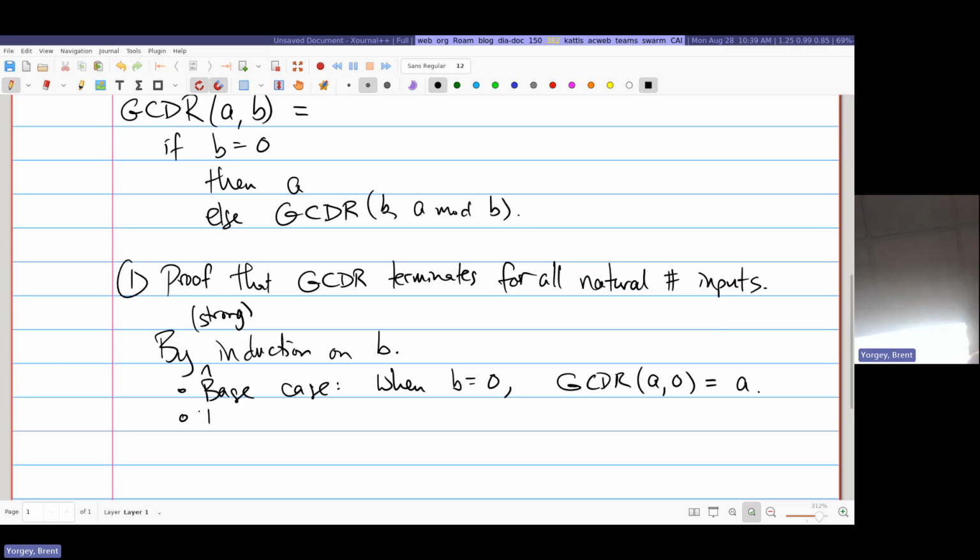In the induction step, we're going to say, let B be an arbitrary natural number.